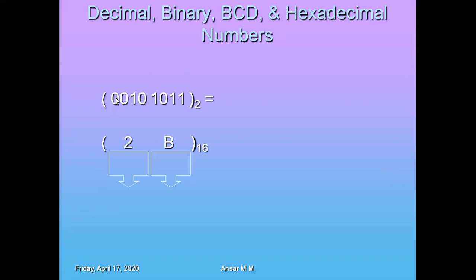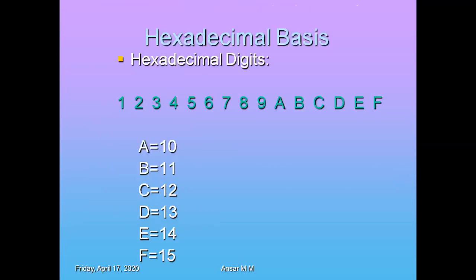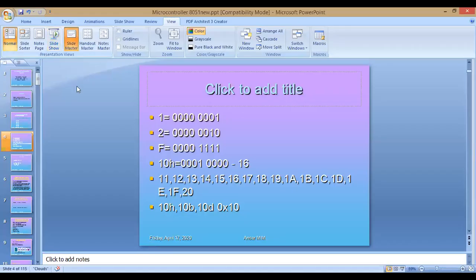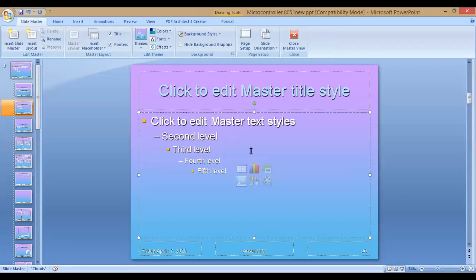It is easy to convert binary to hexadecimal because we take the lower number 1011. 1011 is represented as B. Once again, I'm writing the binary values, decimal 1 or hexadecimal 1.